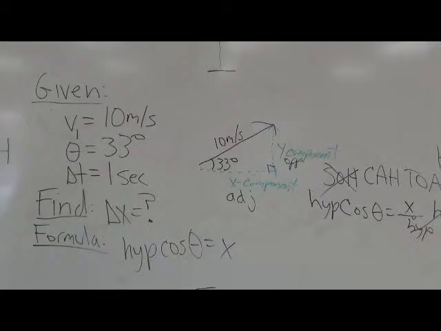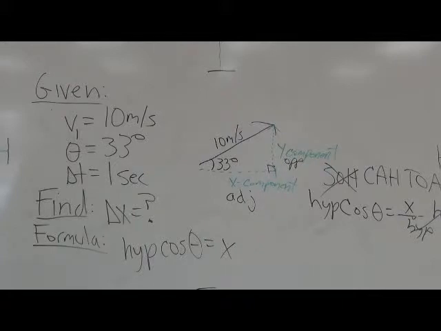So when we look at this, I didn't talk about any wind or air resistance that's going to cause deceleration, and when you throw this, it's not going to accelerate once it leaves your hand.